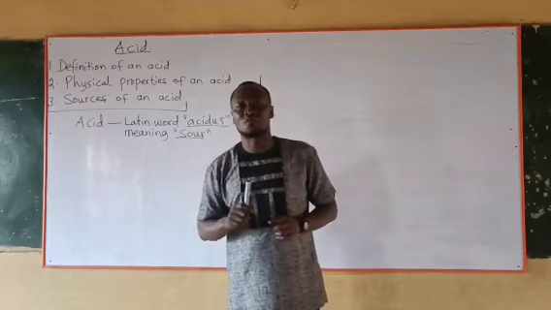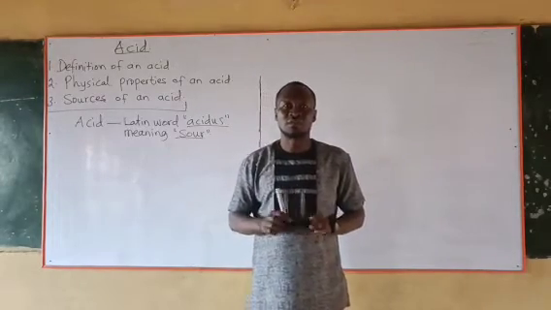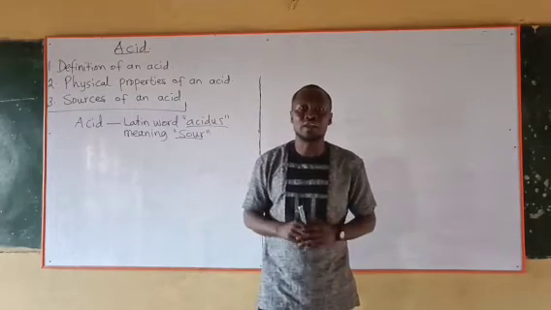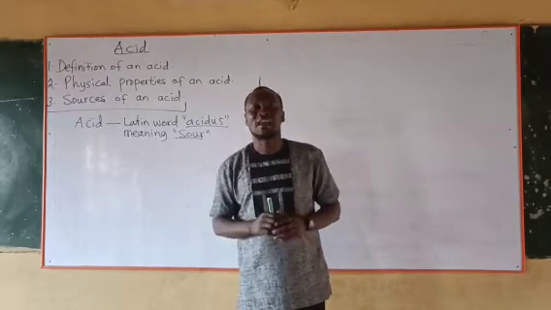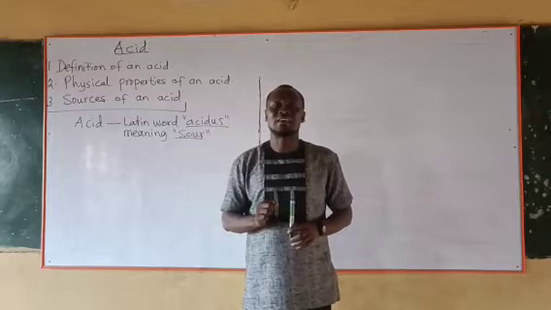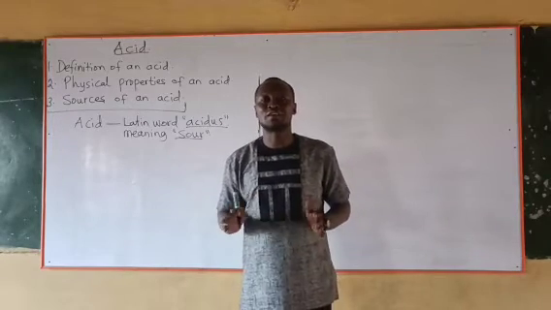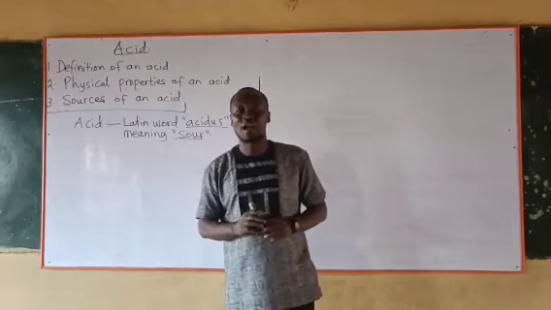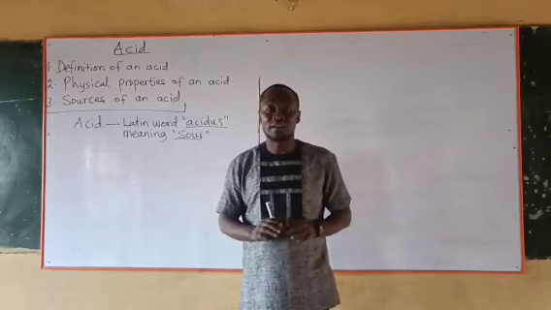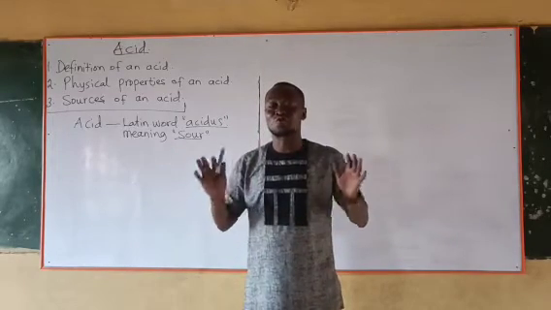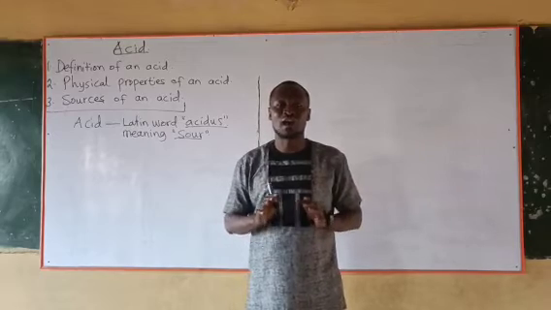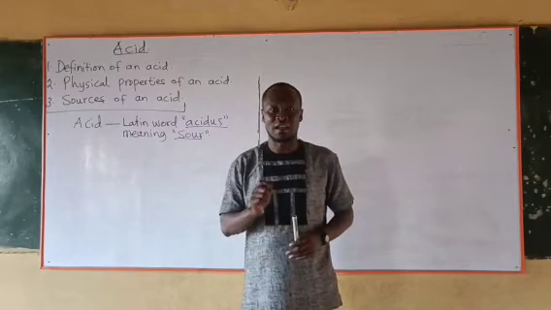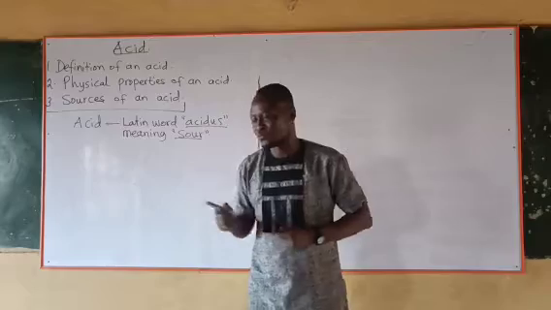look at that of Arrhenius, the definition of Arrhenius. Now according to Arrhenius, he defined an acid as any substance whose aqueous solution produces hydrogen ion. Any substance whose aqueous solution produces hydrogen ion is an acid, according to Arrhenius.